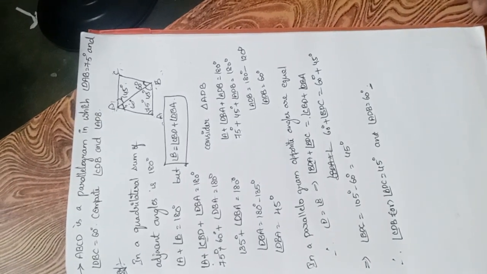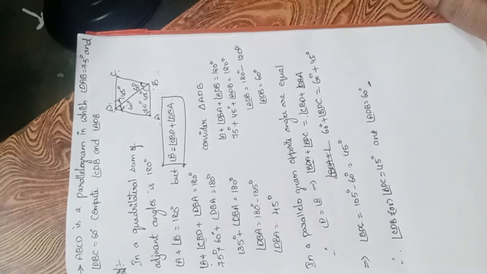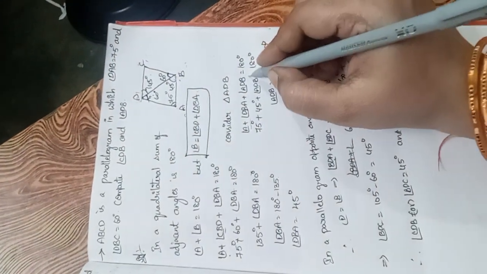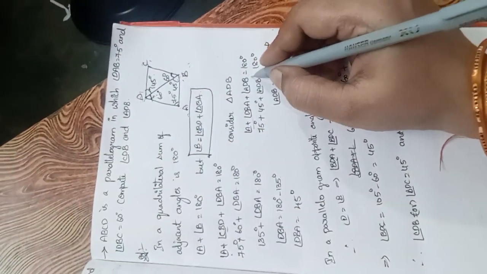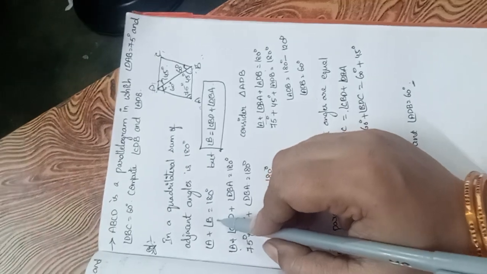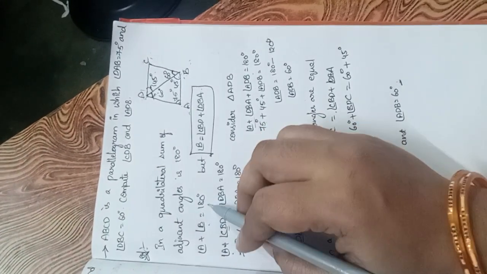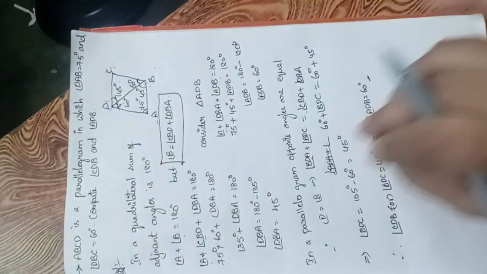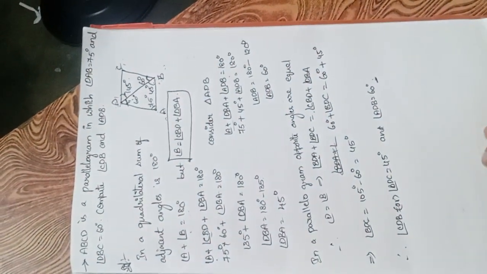So to complete this problem, we have to know the properties of a parallelogram first of all, and a few small formulae and rules: the angle sum rule of a triangle, and that adjacent angles of a quadrilateral always sum to 180 degrees. Okay, these are the important points to know to compute these problems.